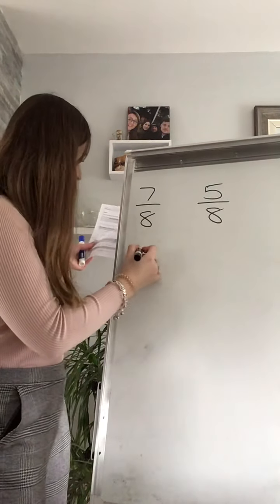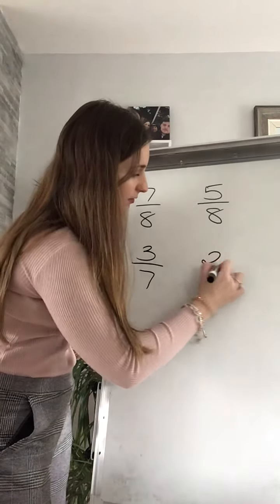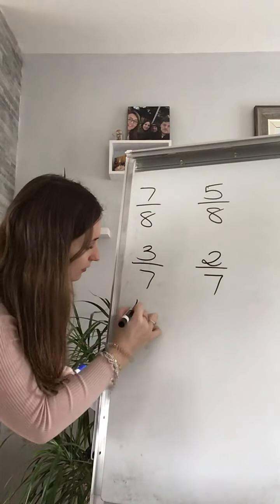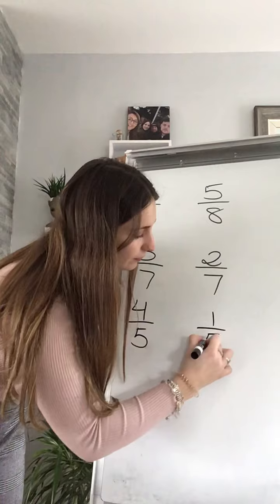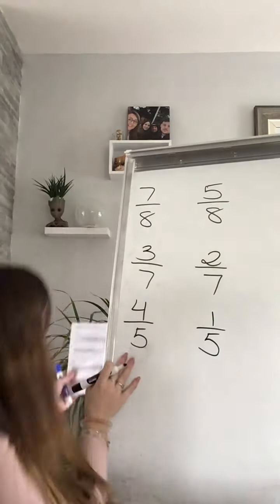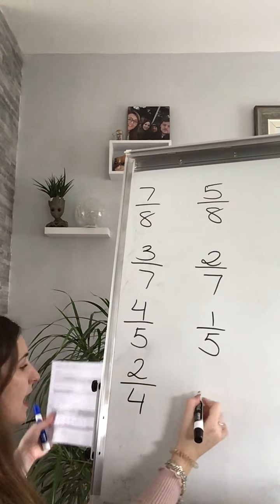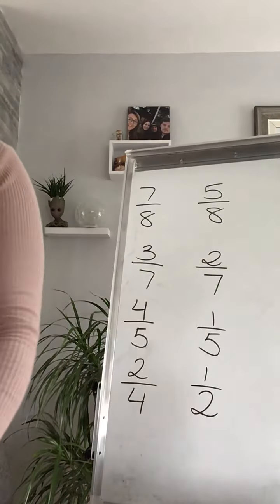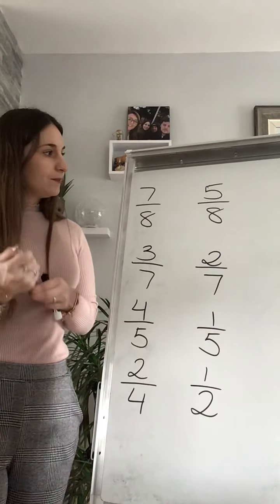My next one, 3/7 and 2/7. My next one, 4/5 and 1/5. And be careful with this one: what about if I have 2 quarters and 1/2? Pause the video and then play it again as soon as you're ready to correct it.